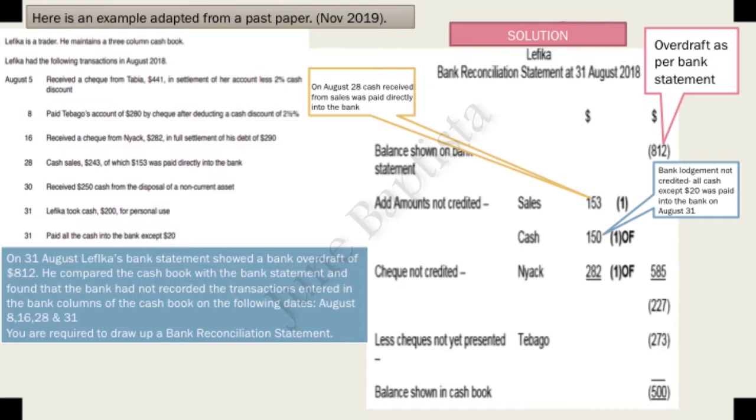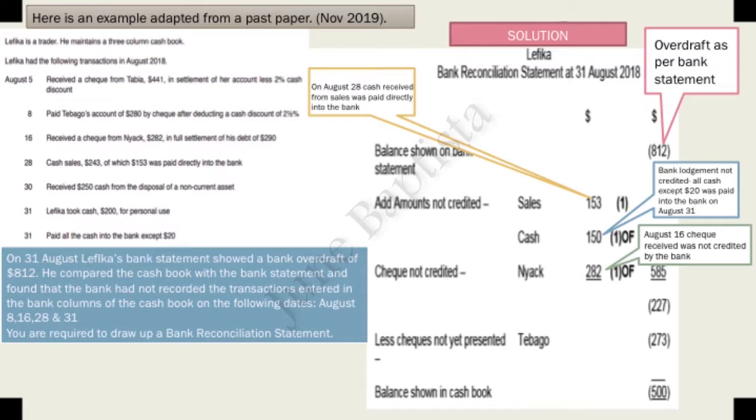You should have arrived at this amount if you had done your 3-column cash book correctly. Check not credited, $282 on August 16th. This was the check that you received from NIAC. Adding these three amounts, you arrive at an overdraft figure of $227.